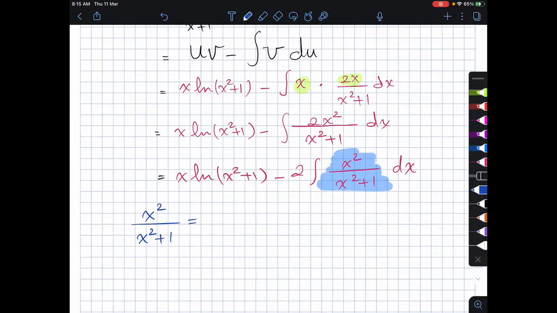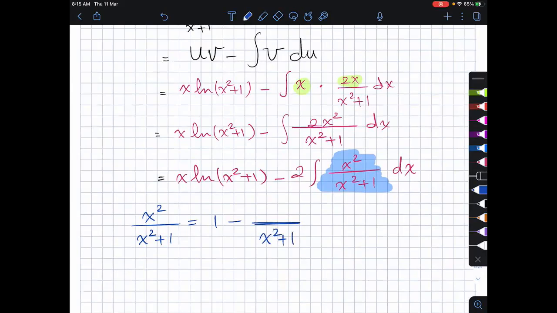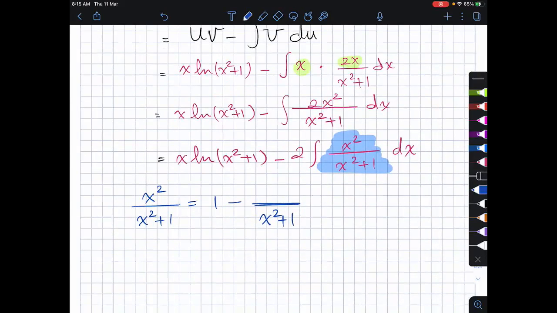x squared, plus 1 equals x squared plus 1 over x squared plus 1, and you need something here to give minus, so it must be minus, and here x squared plus 1. We wrote it as 1 minus 1 over x squared plus 1, and it's correct. Why?